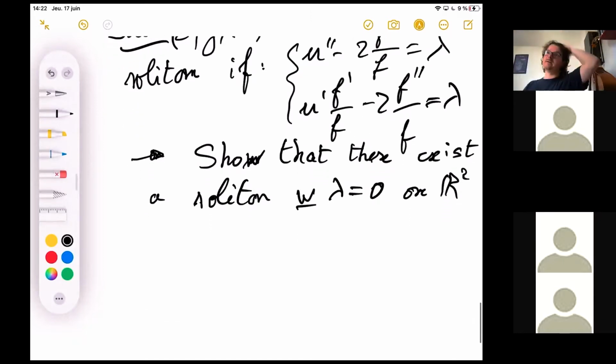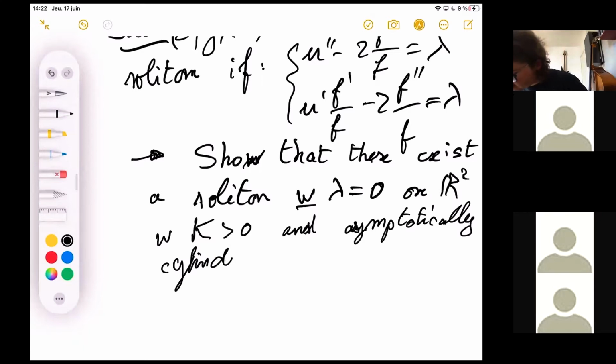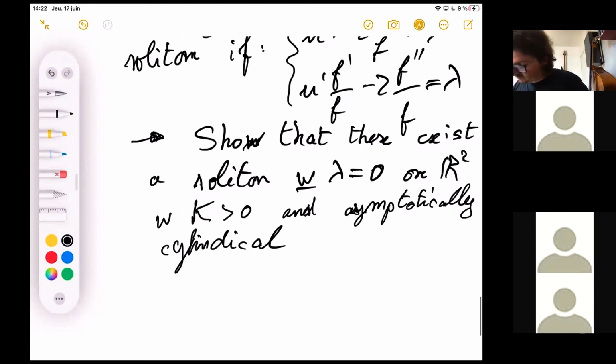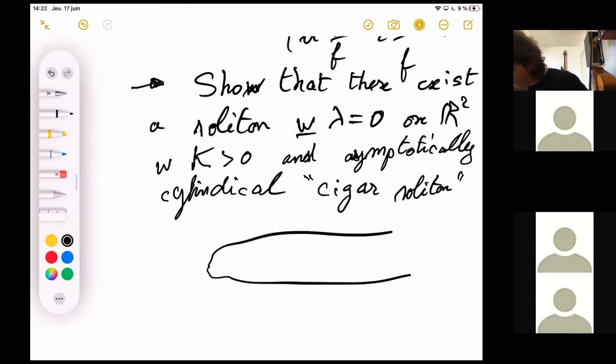You can take the flat metric, which is a soliton, but you have another one with positive curvature, which is asymptotically cylindrical. So this is called the cigar soliton. And you get that by, it looks like that, more or less.